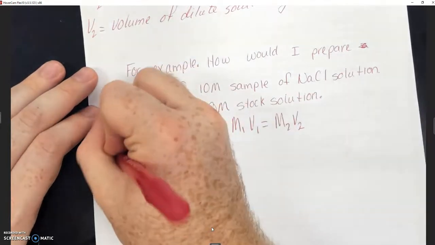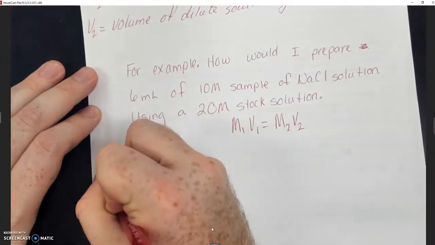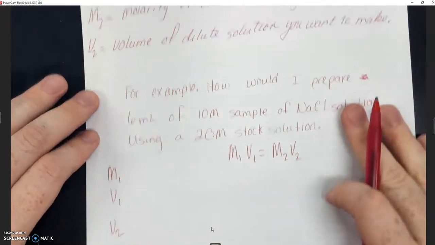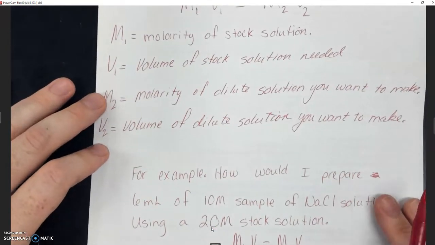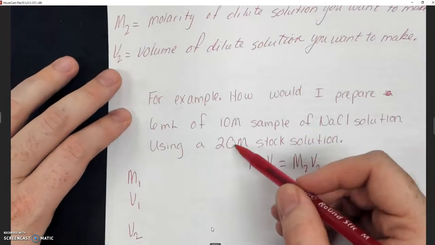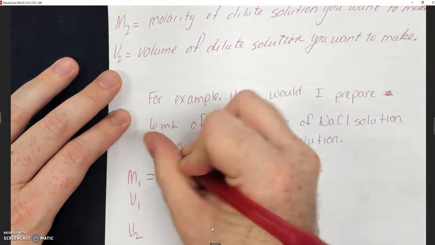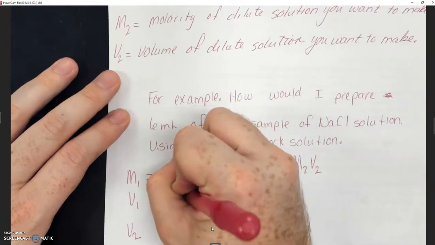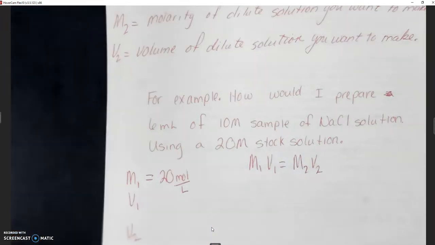And I like to write down all of my givens. M1 is the molarity of our stock solution. Well, in the problem it says the molarity of our stock solution is 20 molar, and I'm going to break molar down to moles per liter.